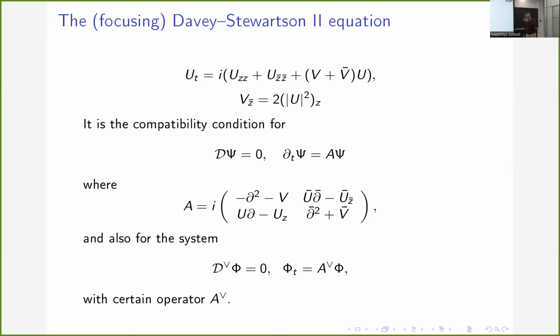So if we take holomorphic functions, phi 1 holomorphic, phi 2 anti-holomorphic, then the action of A on this vector is not 0. So we still have some transformation. The potential is trivial, but we are now transforming the functions in the kernel of the Dirac operator with the same potential. There's still something, and actually it gives you some non-trivial solution.